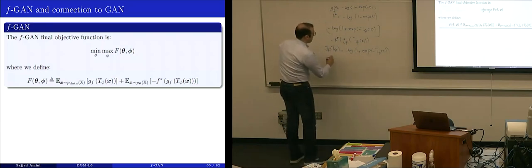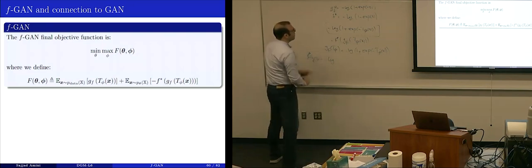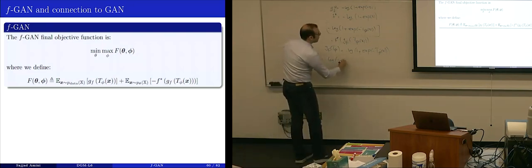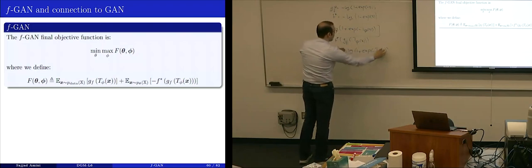So minus f star of g_f of T phi equals minus log of 1 minus exponent of T, where T is this element.